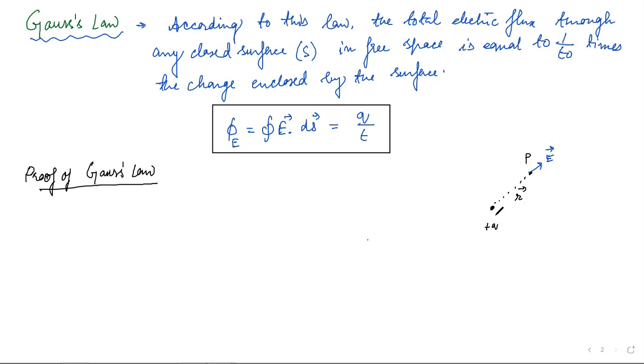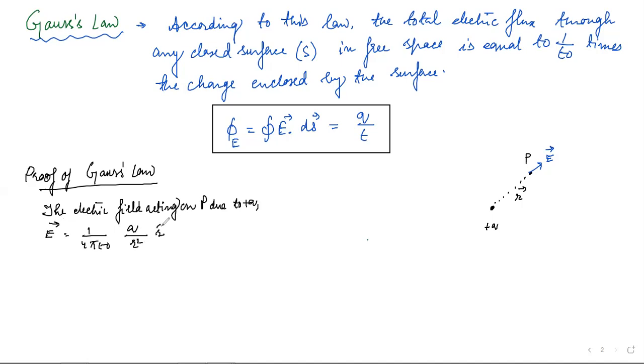Is this clear to everyone? What is the magnitude of this electric field? The electric field acting on P due to plus Q, E vector, is equal to 1 by 4 pi epsilon 0 Q by R square, and we can take a direction, that is R cap. This is the electric field acting at point P.